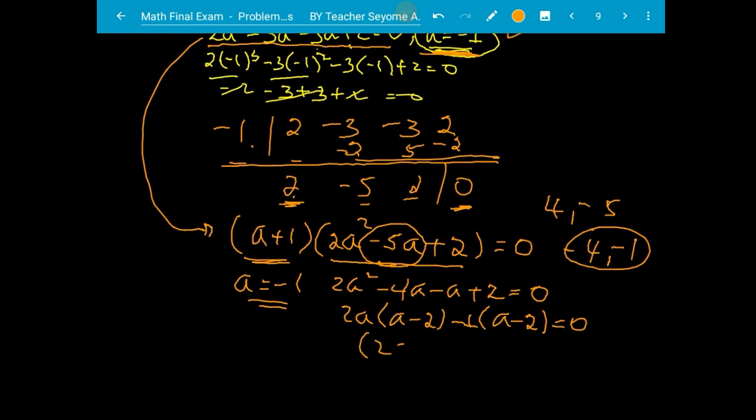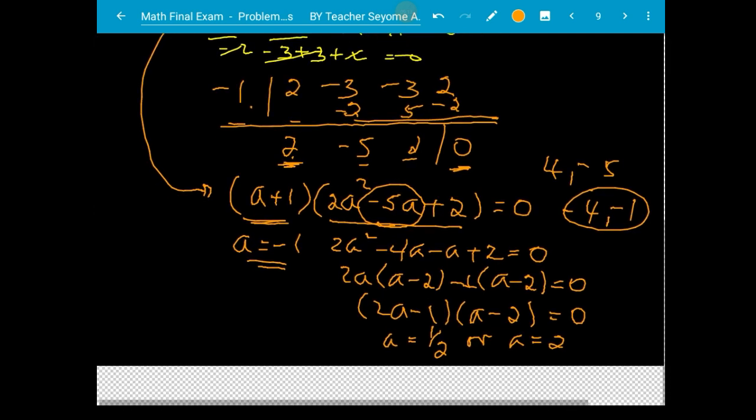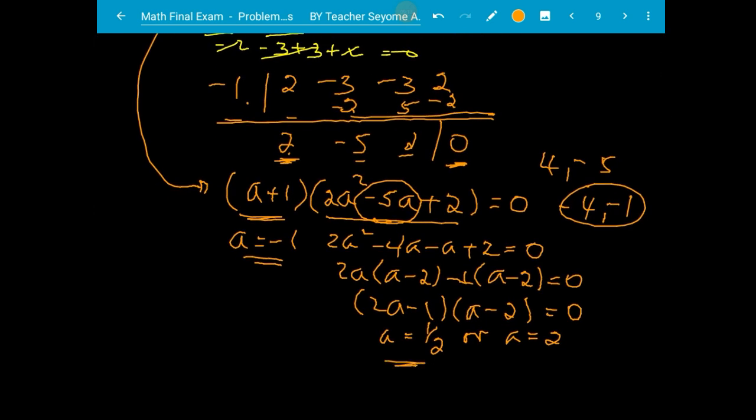So 2a minus 1 times a minus 2 equal to 0. The value of a is 1 over 2, or the value of a is 2. So a has 3 values, so 3 zeros.